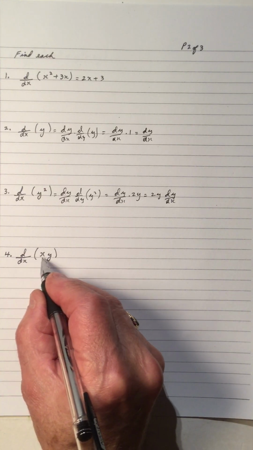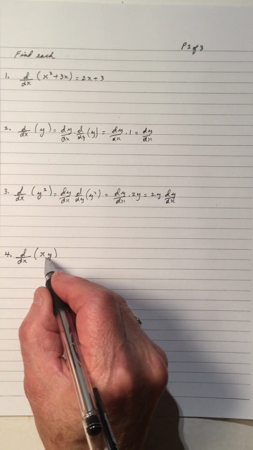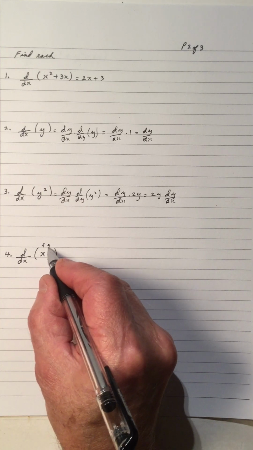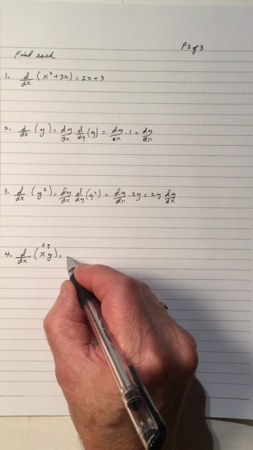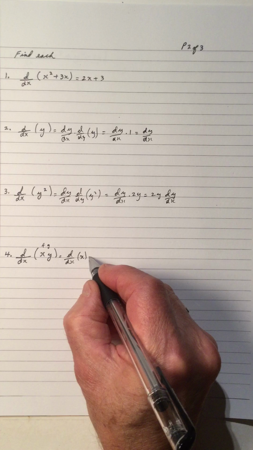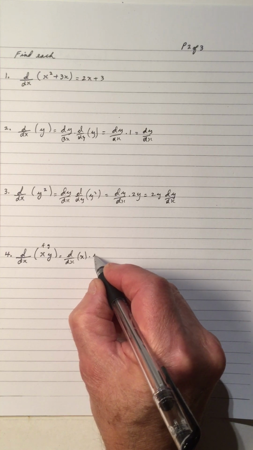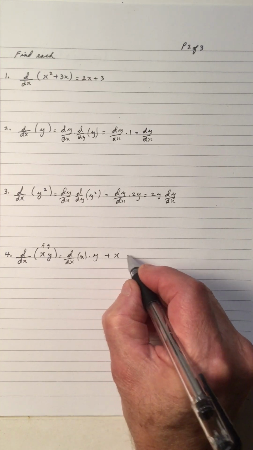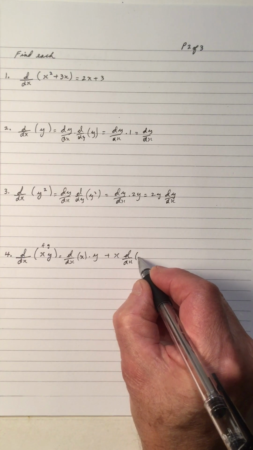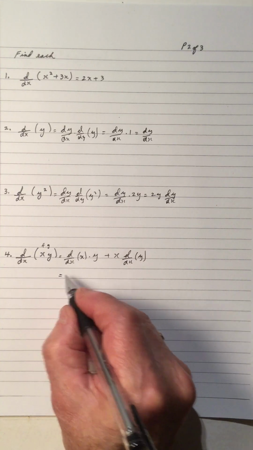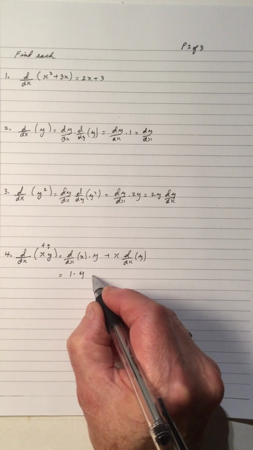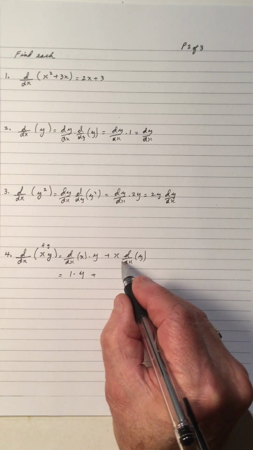And now we have a product here, d dx, again is implicit. So this is an f and a g, so the derivative is d dx on the x, which is the f, times the g, plus x d dx on the y. So we'll work these out. So d dx on x is 1 times y. And right here, we can't do this.